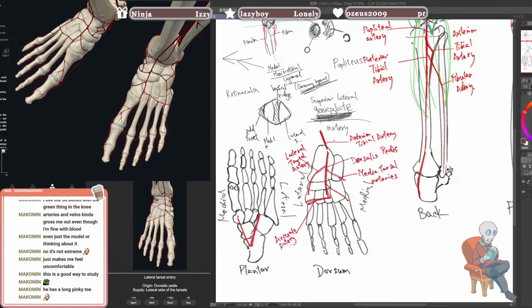I'm pretty sure I'll forget about it later, because this name gives no clue about what it means. But I remember that the adjacent arteries, these would be the metatarsal arteries, because they're on top of metatarsal bones.